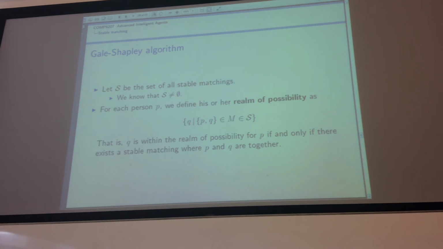If we look at the set of all stable matchings, we know that it's not empty. A stable matching always does exist. And for every person, we look at the set, call it the realm of possibility, the set of all mates that he or she can be paired with in some stable matching.